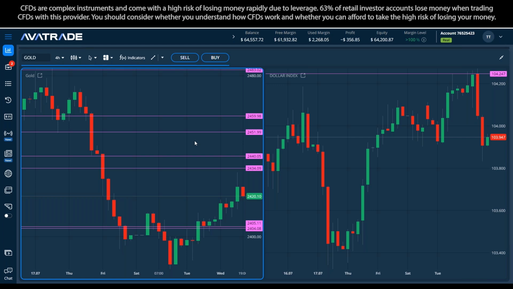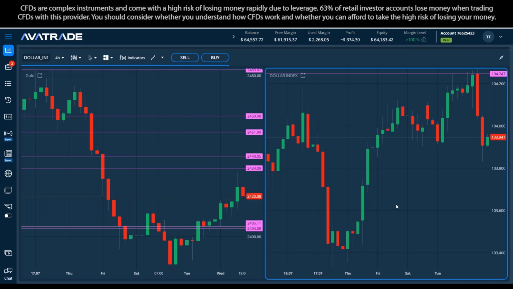Okay, and so it was similar like that with gold today and the dollar index. They kept following each other, but not necessarily at the same time. So you get some indication there sometimes from one instrument on directionality that you might expect based on the movement of another instrument that tends to be correlated with it.